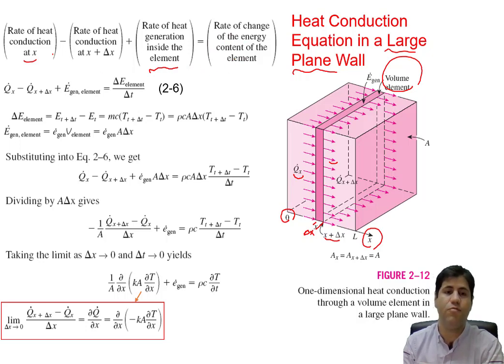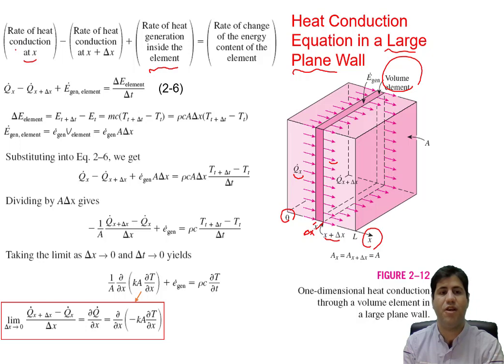In other words, all of this equation is the energy balance for our volume element. Energy for this volume element is only changing due to the heat which comes to the system, goes out from the system, or is generated in our volume.